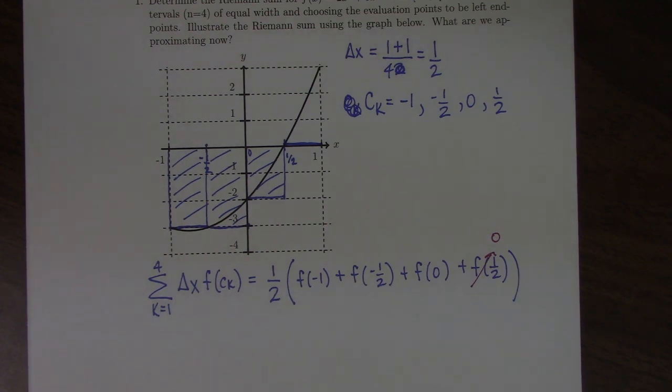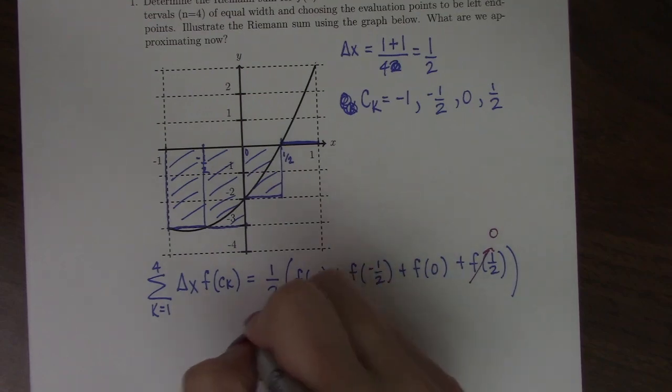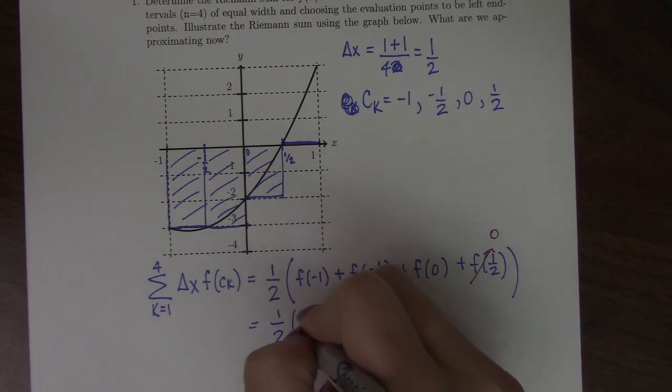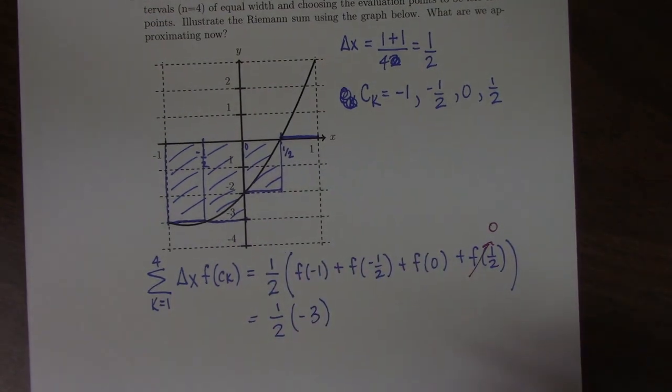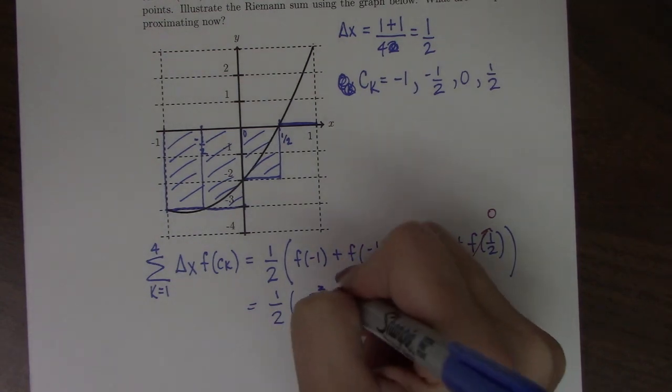So if I want to know what f of negative 1 is, I'm going to plug negative 1 into my function and get 2 times negative 1 squared plus 3 times negative 1 minus 2, and I get negative 3. So this is 1/2 times negative 3. Oops, sorry, I'm going to add these together.